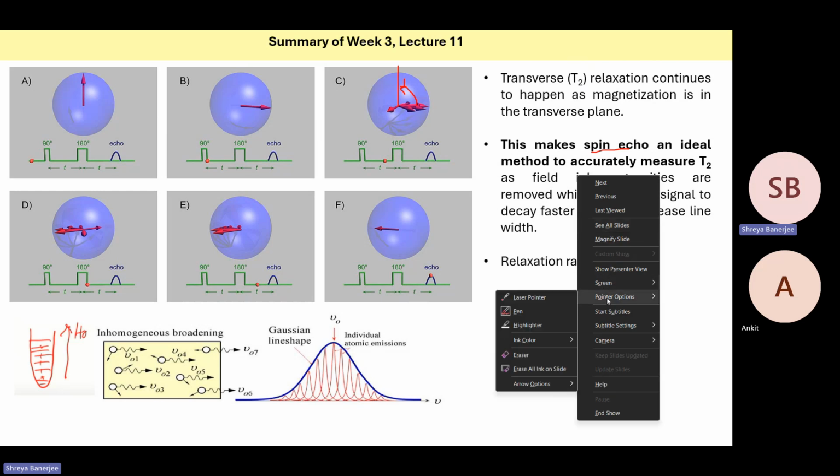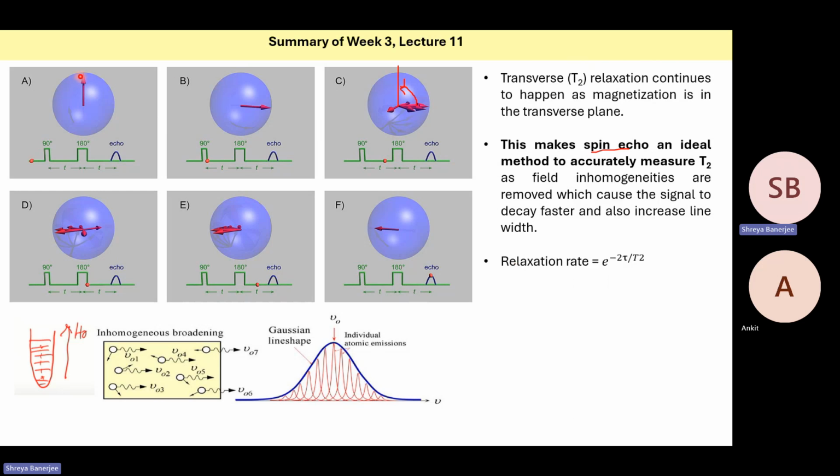Field inhomogeneity basically means from Z, by applying a 90-degree pulse, you have brought it to the Y. Now, this should be a single spin, but because the field is inhomogeneous, this is breaking up into multiple spins. Now, if there are multiple spins like this, then each of these will have a different T2. And so that will not give you an accurate measurement of T2.